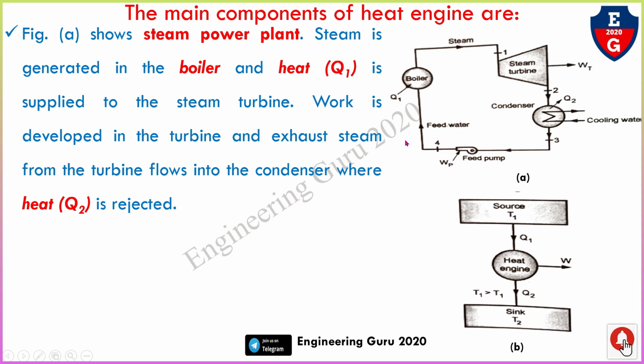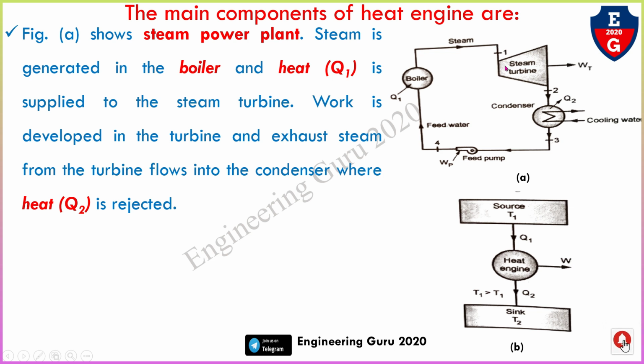Now understand how it works. The steam generated in the boiler and heat Q1 is supplied to the steam turbine. Here you can see that this is the boiler which supplies the heat to the steam turbine like this. This is point number 1.